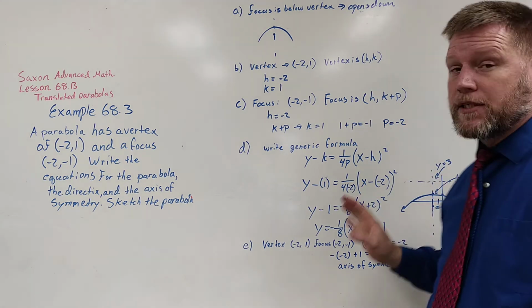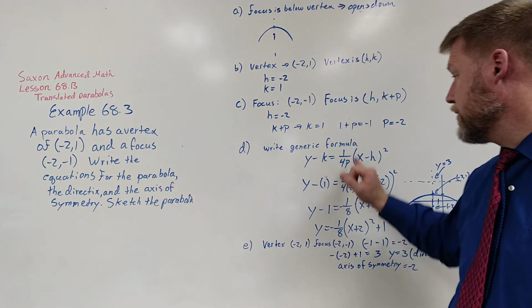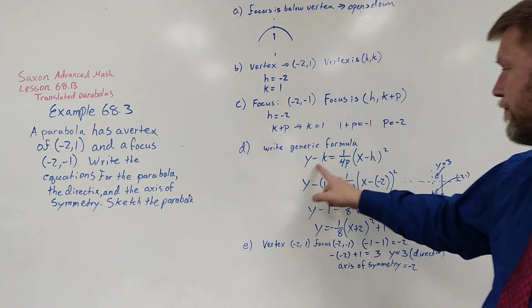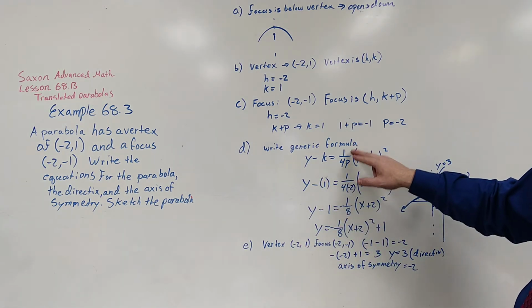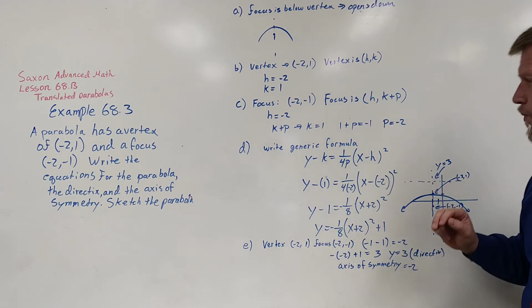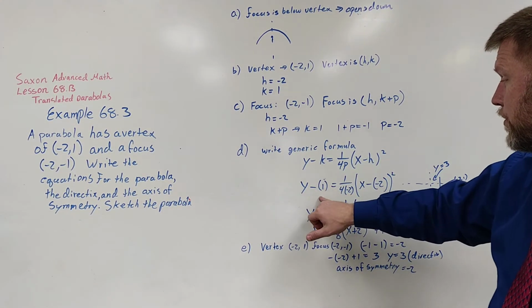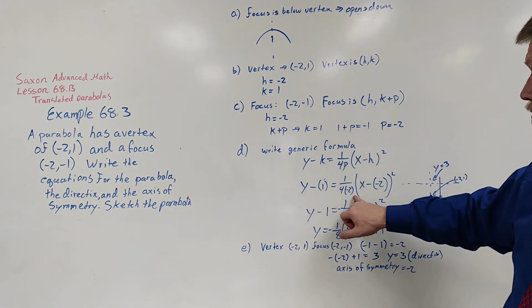I use the second formulation, which instead of a, I'm going to use 1/4p, because I don't know what a is yet. So y minus k equals 1/4p times x minus h squared. What is k? k was 1. What is p? -2.